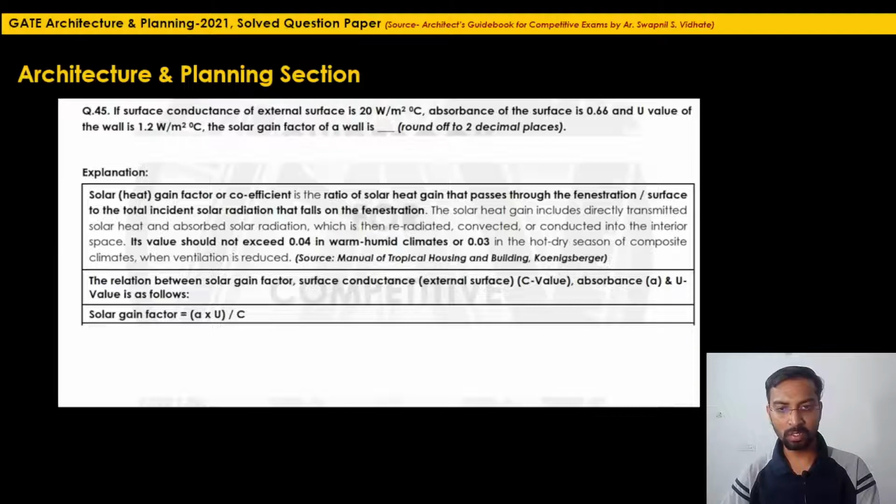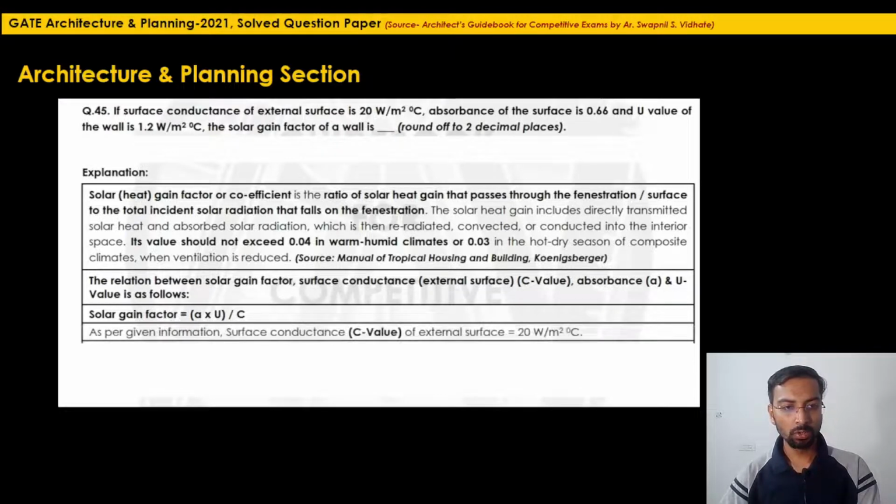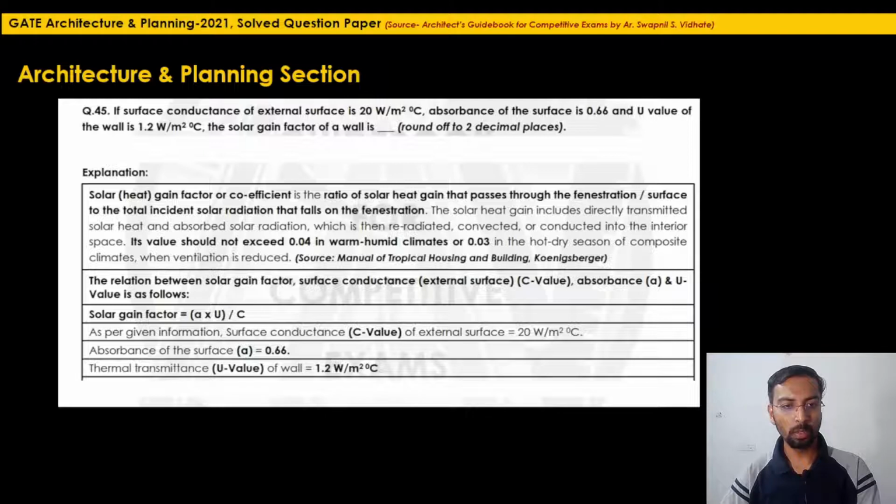It is absorbance, into U value divided by C. So here as per the given information, surface conductance, that is C value, is 20 watt per meter square degree Celsius. Absorbance is 0.66 and U value is 1.2 watt per meter square degree Celsius.